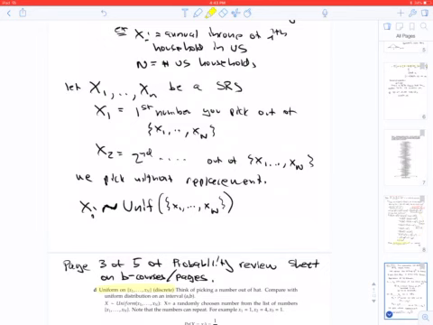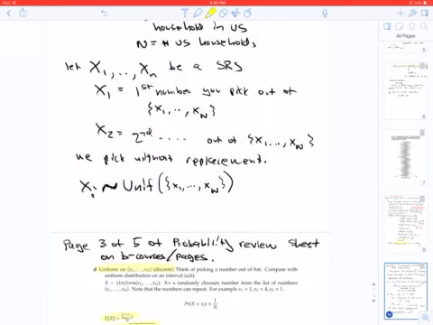Essentially the probability that x1 or x2 takes any value is equally likely. You're just picking a number out of a hat randomly. So in other words, these xi are uniform on x1 to xn.